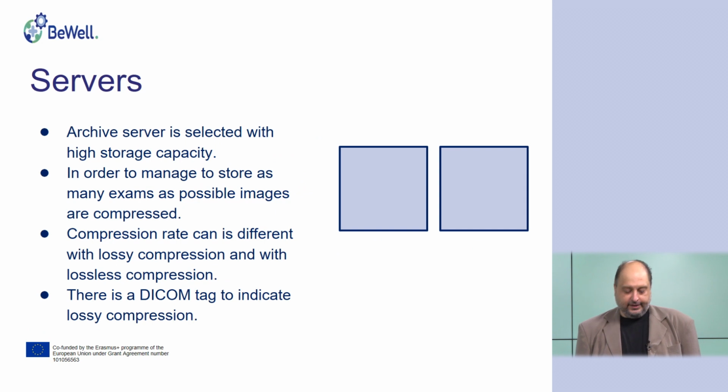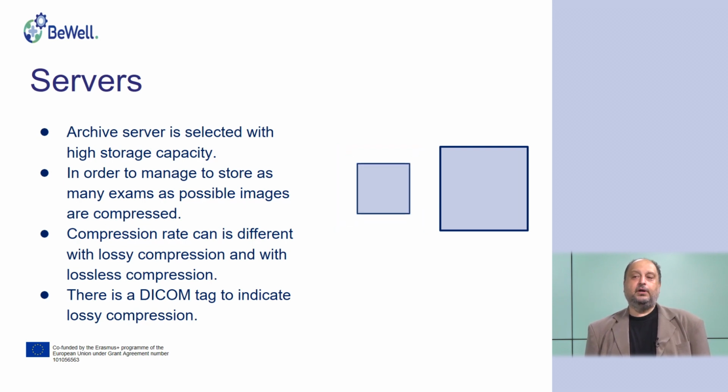The servers that are used for archive have to be large, with large storage capacity, and in order to have as many exams as possible, the exams are compressed. Compression can be different.